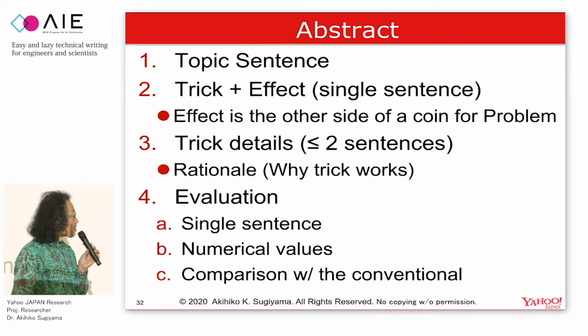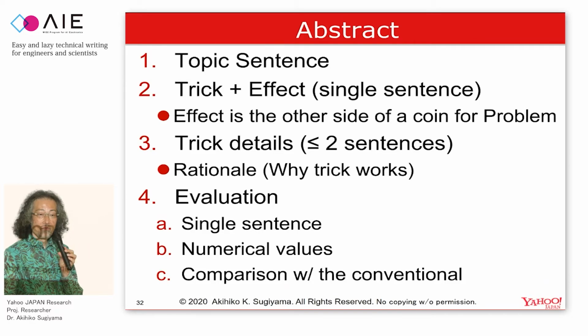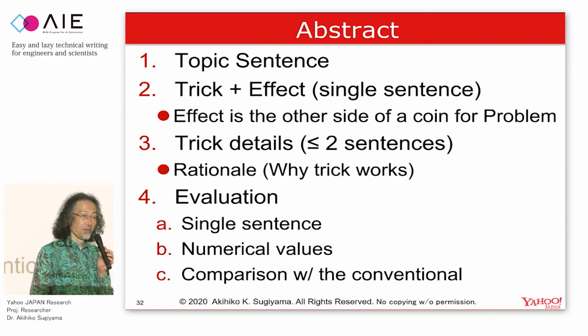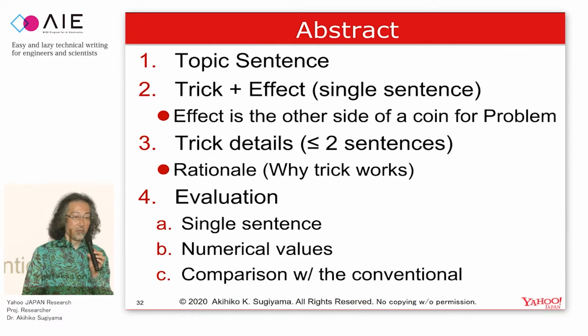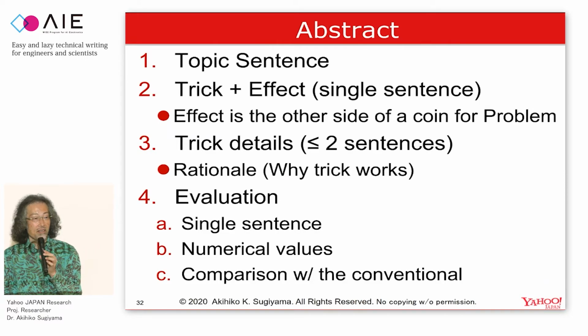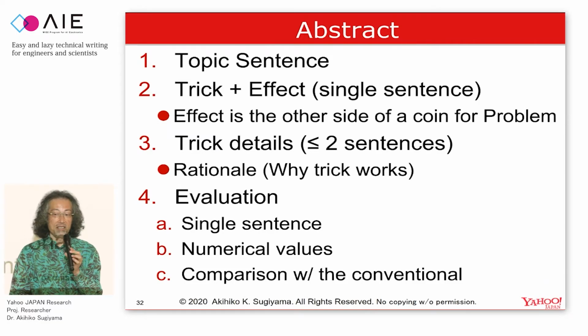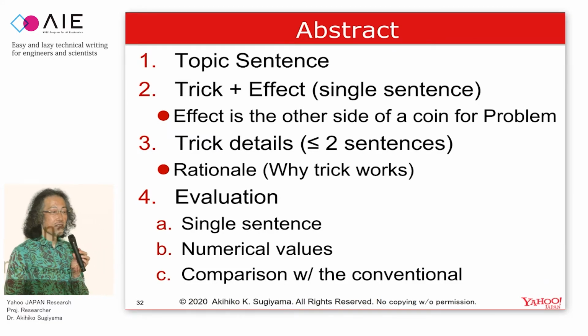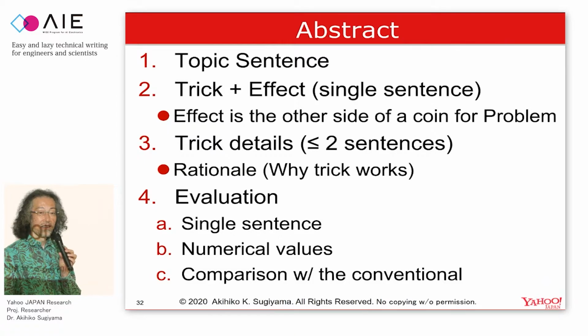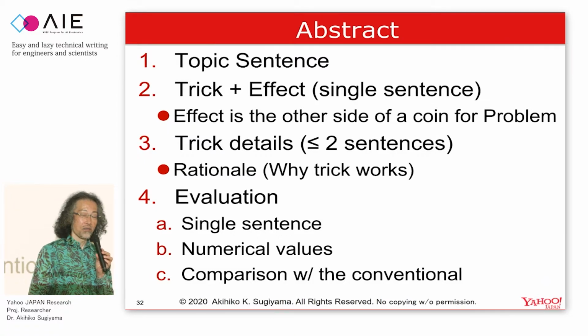Single sentence, numerical values, which are often missed by many people. Don't say simply, this is better, this is good, or this is faster, or lighter, or simpler. Never say that. Whether it's better or not will be left in the reader's hands.